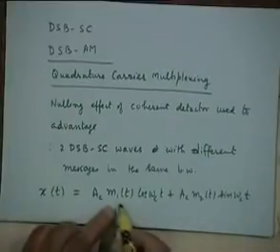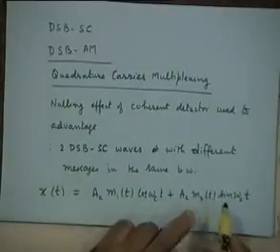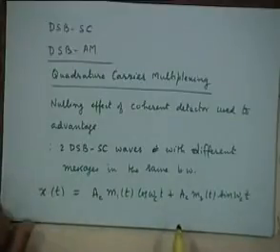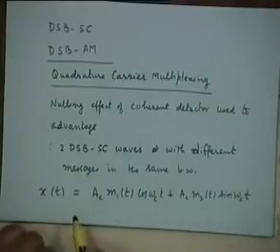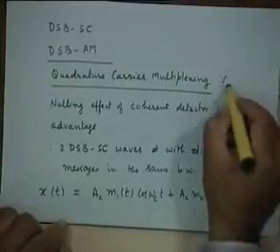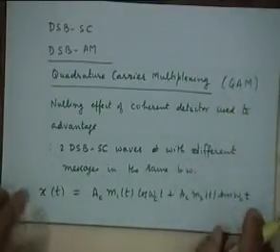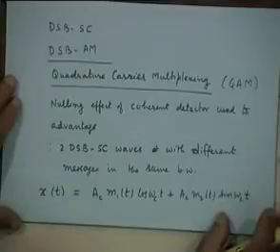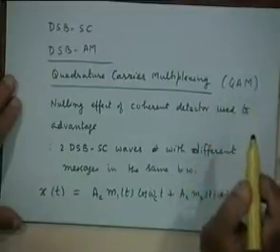Then I can reconstruct m1(t) separately, independent of m2(t), and vice versa, right? So basically I have multiplexed two message waveforms onto the same carrier. This we call quadrature carrier multiplexing. It is also called quadrature amplitude modulation, QAM.